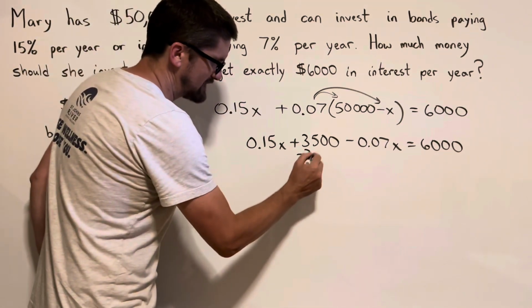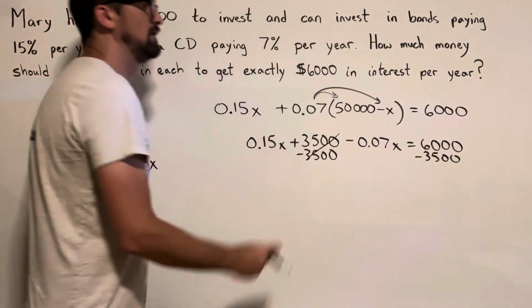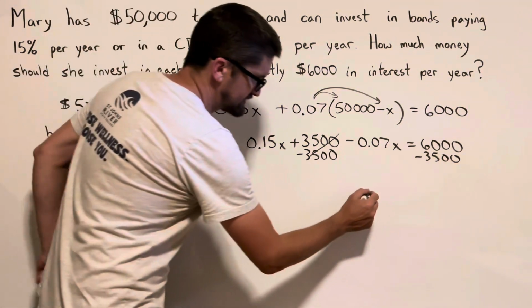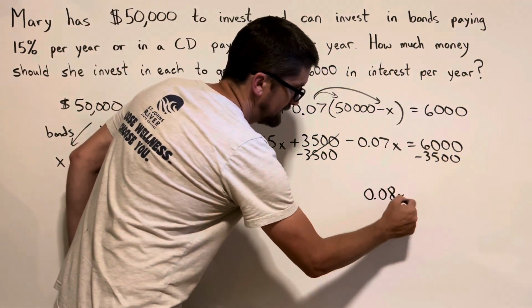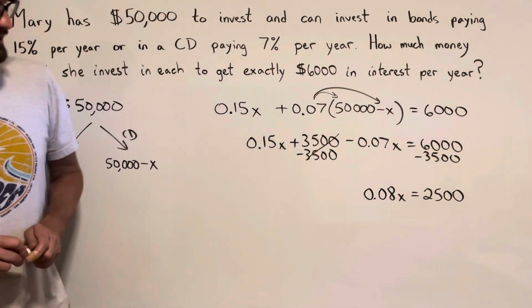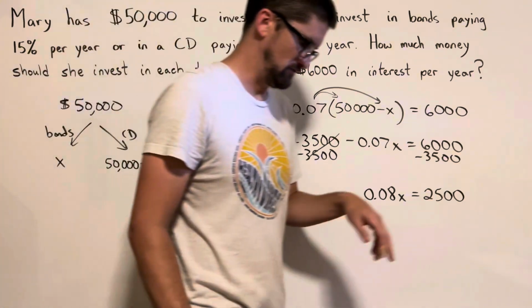And I want to subtract 3,500 on both sides to isolate the X term on the left. This gives me 0.08X equals 2,500. Then to solve for X, you're going to divide both sides by 0.08. Let me get a calculator.